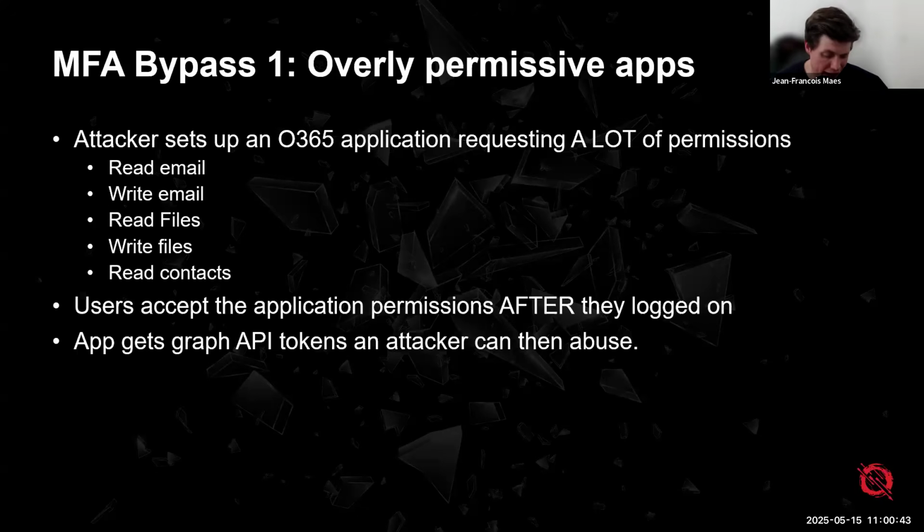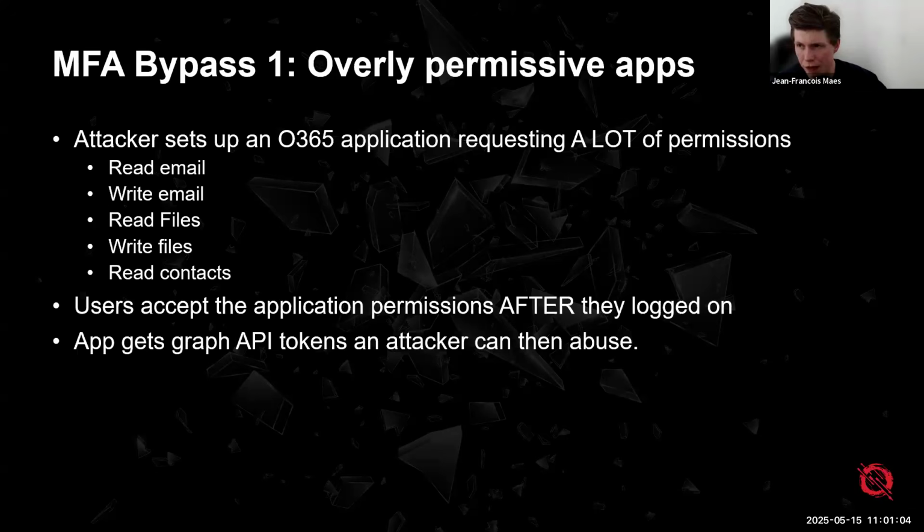And the Graph API is the underlying protocol, essentially, that is being used by Azure. So think SharePoint, think OneDrive, think OneNote, all of these things, even email, right? All of these things can be queried and modified using the Graph API.